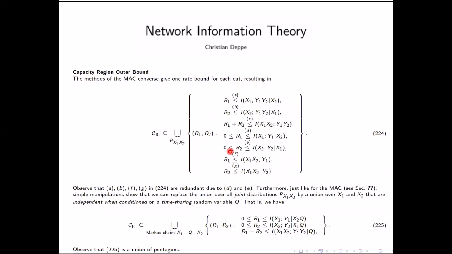Of course, some of them are redundant, so we don't need them. But in principle, this is the rate region that we get. This is the CIC, and you see we take the union over P_X1 and X2. Some of these inequalities are redundant, and we also have the same phenomenon for the MAC. So we know that this is an outer bound of the interference channel.